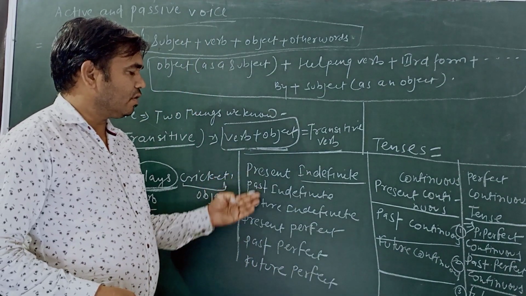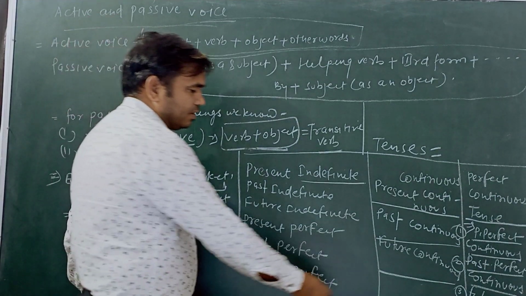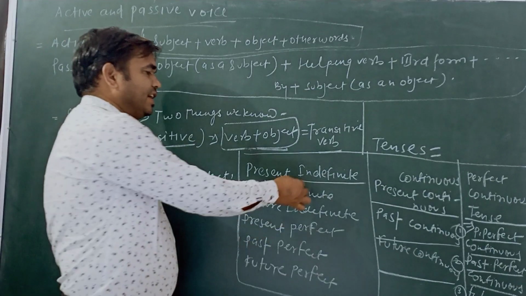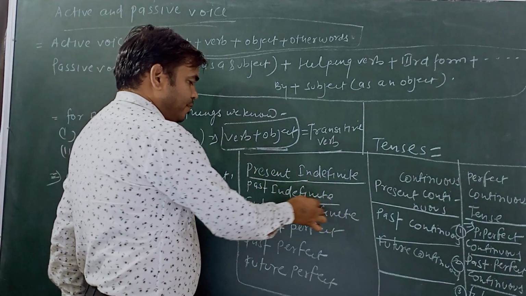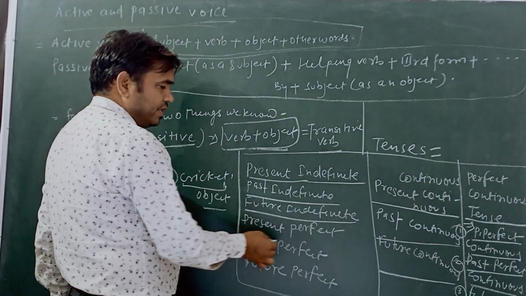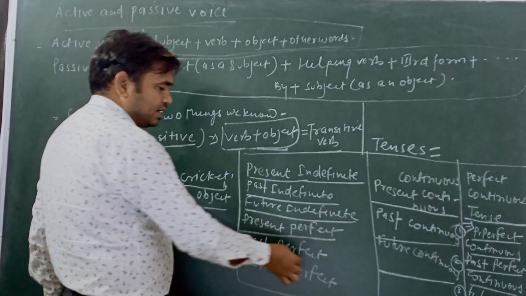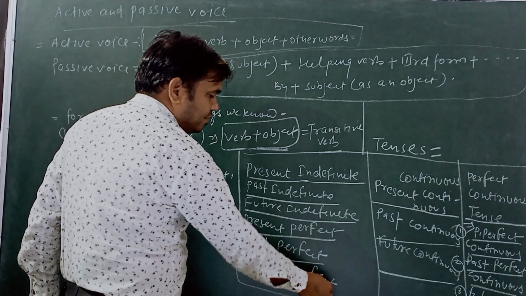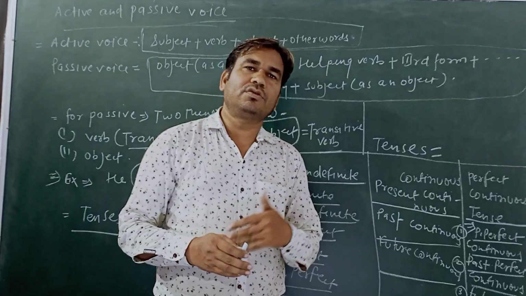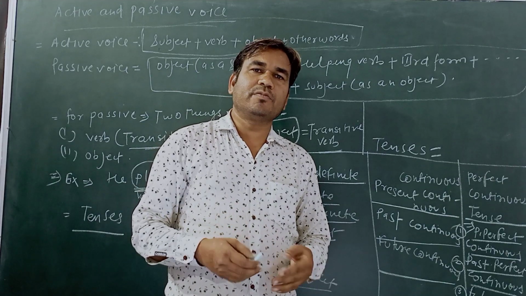So here we talk about the first column. The first column is this: present indefinite, past indefinite, and future indefinite, present perfect, past perfect, and future perfect. So in the first column we have to talk about converting to passive voice.